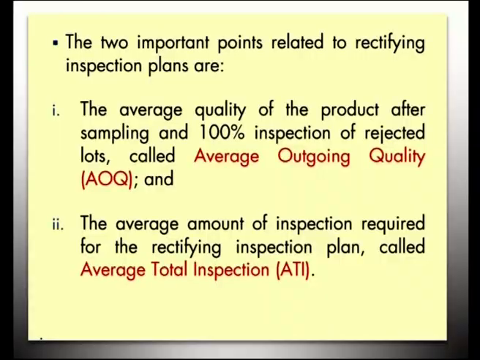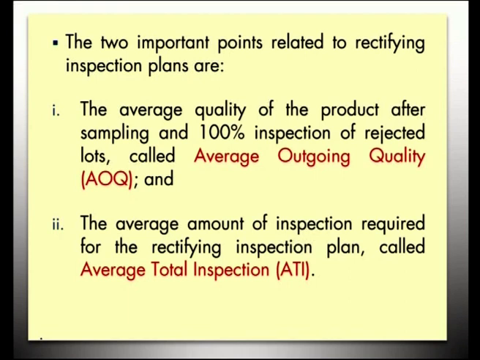The two important points related to rectifying inspection plans are the average quality of the product after sampling and 100% inspection of rejected lots, called average outgoing quality, AOQ, and the average amount of inspection required for the rectifying inspection plan, called average total inspection, ATI.